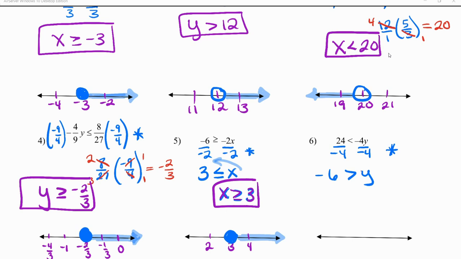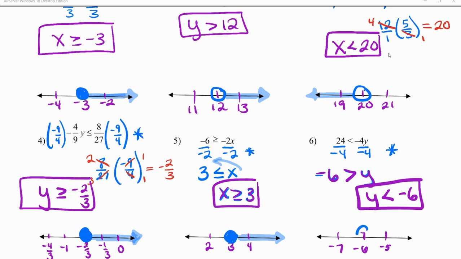So read from right to left. So I get y is less than -6. -6 is not included, so we want an open circle. Less than, so we shade to the left.